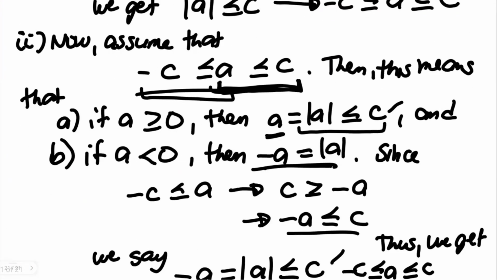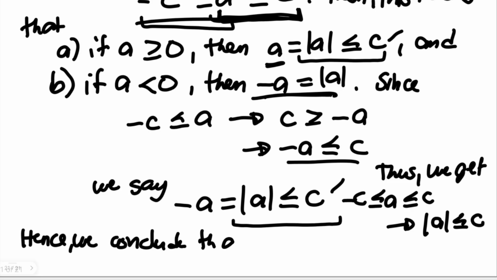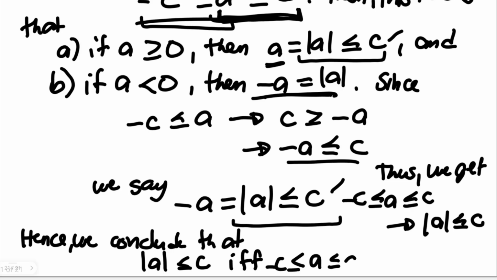Since both situations are already shown, we conclude that the absolute value of A is less than or equal to C if and only if A is greater than or equal to negative C, but less than or equal to C, for all A and C elements of R, and C greater than or equal to 0.